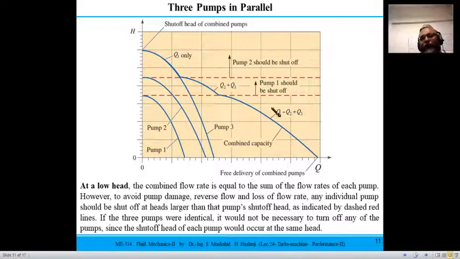But if all pumps are identical, then you won't have that problem, because this problem comes when you have dissimilar pumps, as pumps 1, 2, 3 all have different performance curves. The head or pressure rise and the volume flow rate are very much linked through the performance curve, so once you combine them, the combined performance is also affected by these variables.